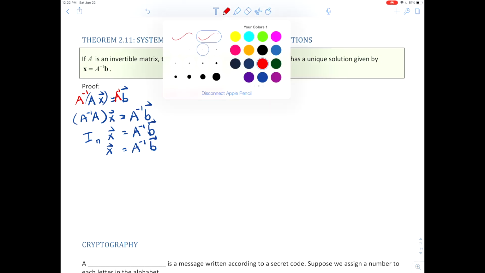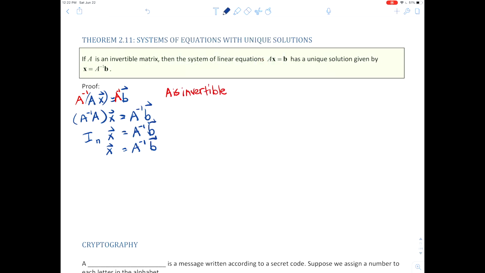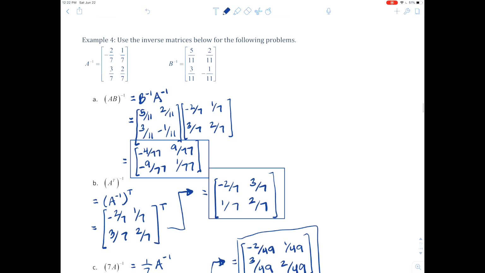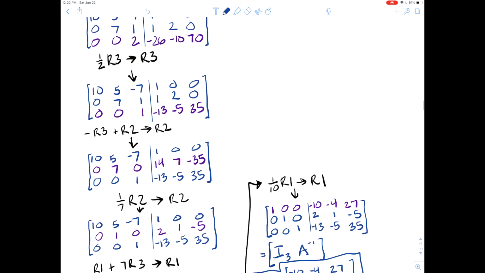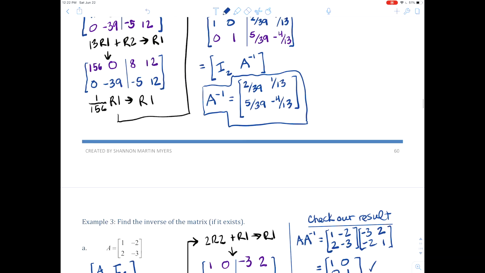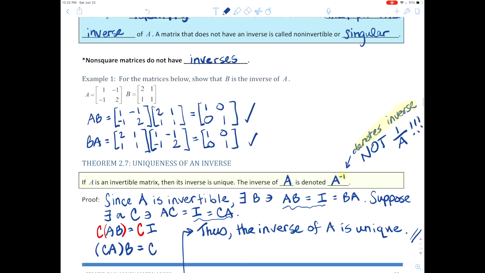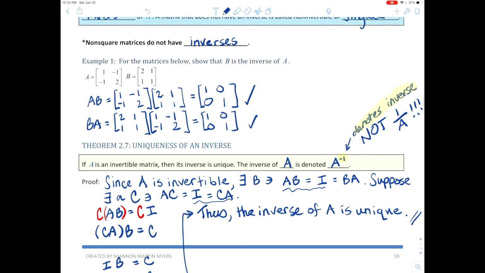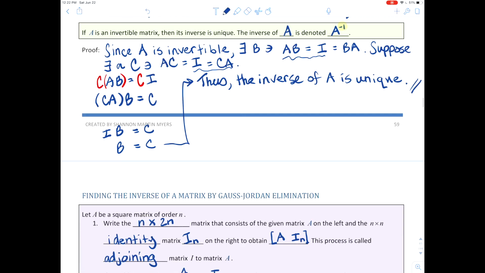And then remember that theorem that says A inverse is unique. That was theorem, I think it was 2.7. So theorem 2.7, uniqueness of an inverse.